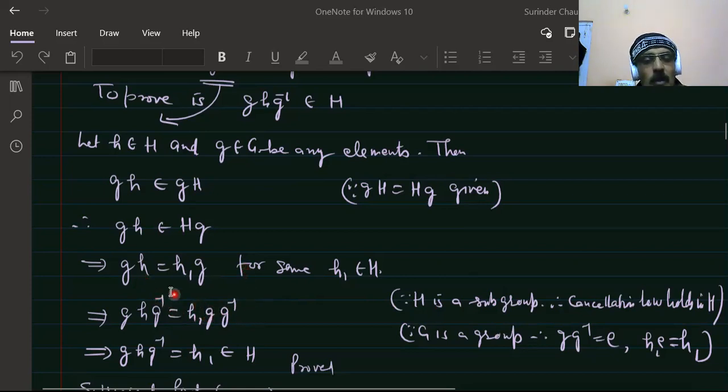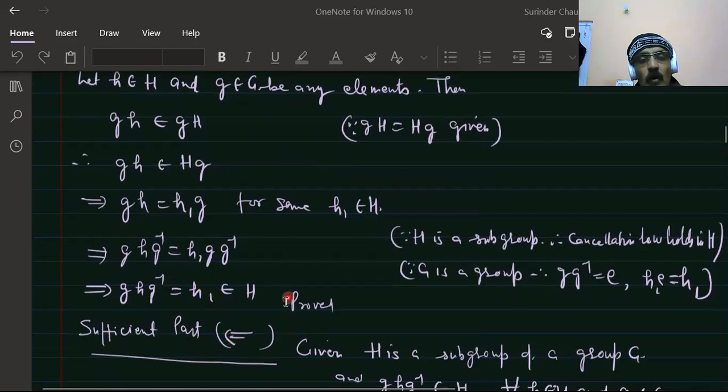If we apply the right cancellation law, what will this become? g h g inverse is equal to h1 g g inverse. g g inverse is equal to e, since G is a group and g g inverse is equal to e, the inverse of every element in G. And h1 into e, H is a subgroup, so h1 into e is equal to h1. So this implies g h g inverse becomes equal to h1. So h1 is an element of H. This implies g h g inverse belongs to H.